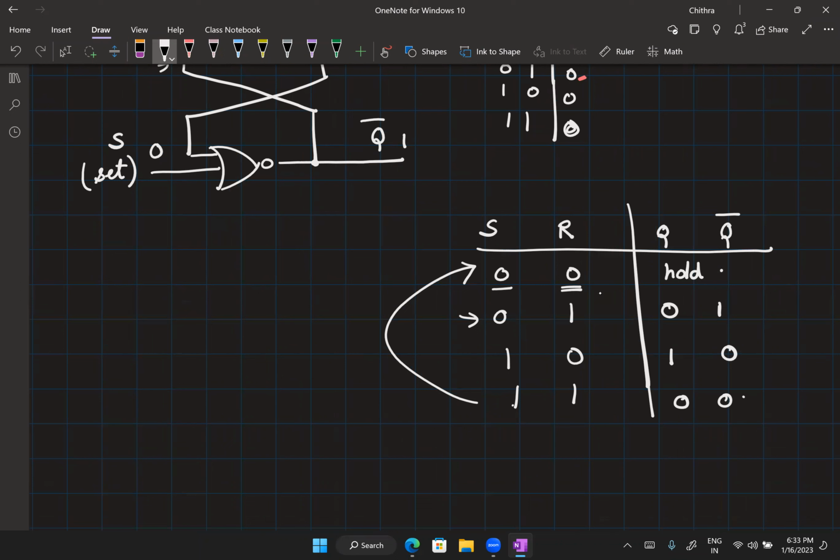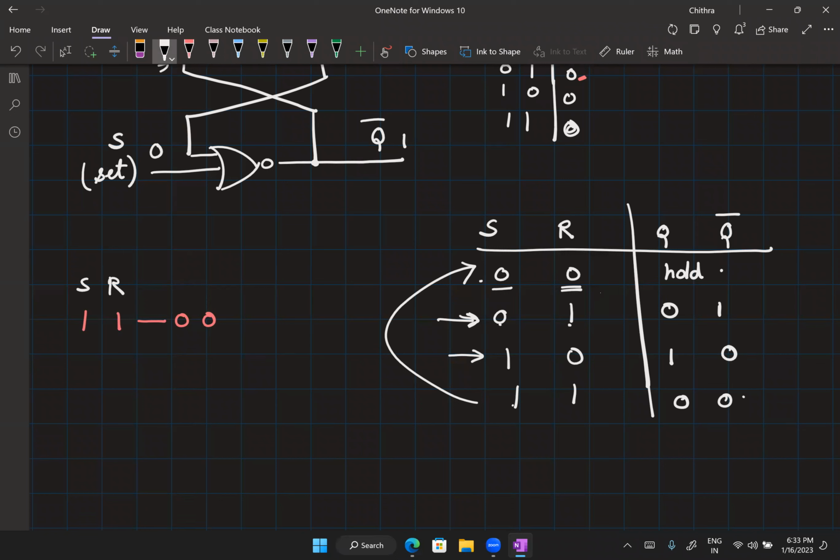So if you move from 1, 1 to 0, 0, depending on which of them went 0 first, you might end up in one of these states. And then as the other, so let's say set went to 0 first, so you move to 0, 1, right? So let's say you had S and R as 1, 1 initially, which means your output was equal to 0, 0.